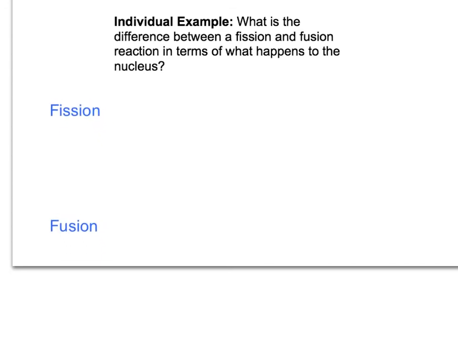Okay, so fission and fusion. In fission, one big nucleus, so for instance, our example was a uranium nucleus, splits apart into two smaller ones.